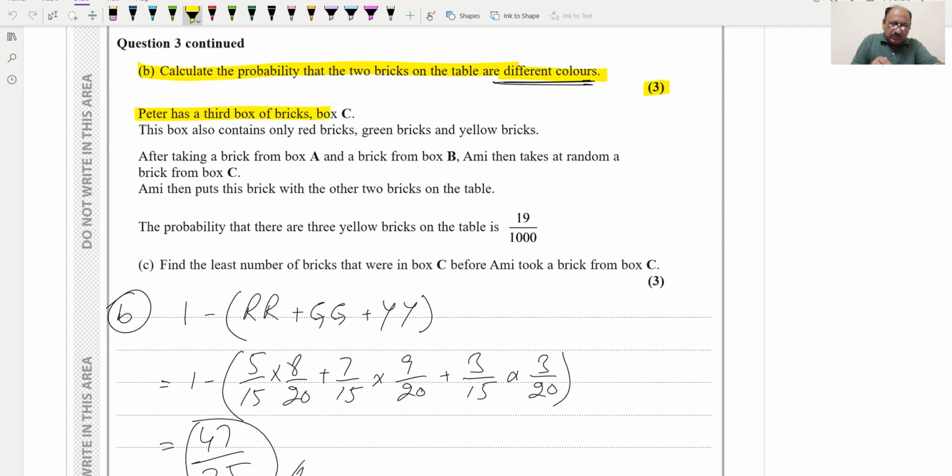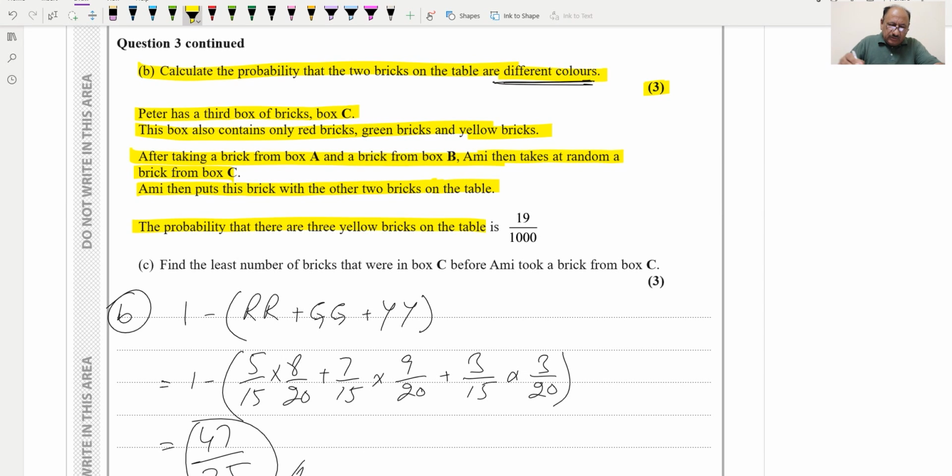Peter has a third box of bricks. Box C, this box also contains only red bricks, green bricks and yellow bricks. So after taking a brick from box A and a brick from box B, Amy then takes at random a brick from box C. Amy then puts this brick with the other two bricks on the table.